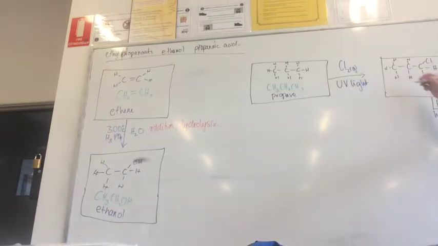Okay. So CH3, CH2, CH2Cl. So we'd call this guy 2-chloro. Oh, sorry. Yeah, you're right. 1-chloropropane. Very good. Okay. Now, what's our next step?